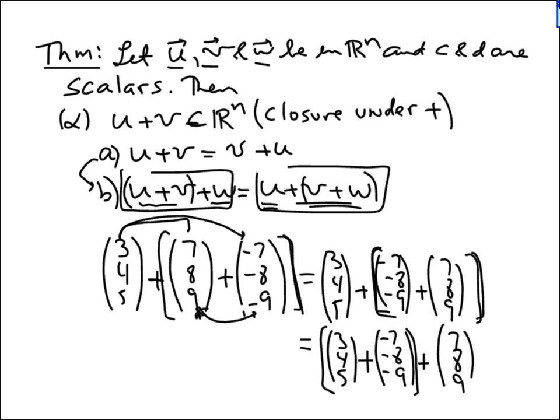Now notice, if I call this vector 1, this vector 2, and this vector 3, this here is vector 1 and the next vector is vector 3. Here, I'm adding 1 and 3 together. The associative law and the commutative law say any order you feel like.